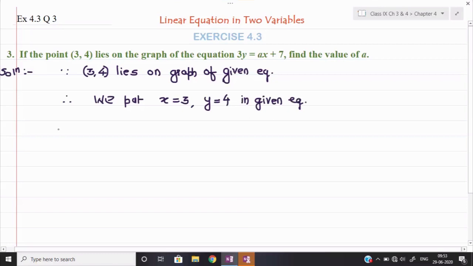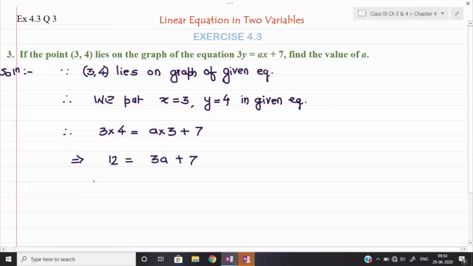So if I put x equal to 3, look at the equation, that is 3 into y. What is the value of y I have here? 4, equal to a into 3 and then plus 7. In place of x and y I kept the values. Now if I solve it further, 3 into 4 will become 12. So 12 is equal to 3a plus 7.